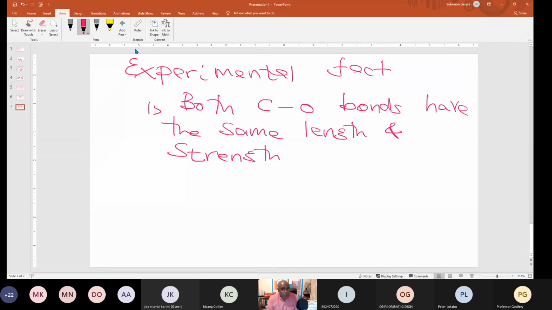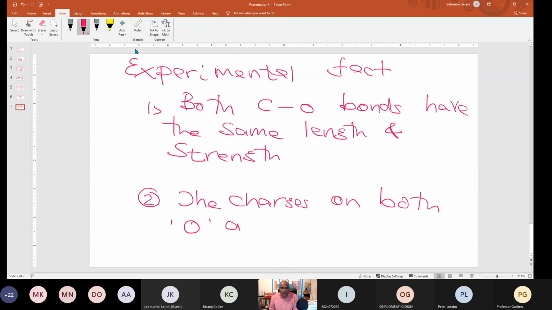That's one experimental fact about this molecule. The second one, the charges on both oxygens are the same, and both are negatively charged.